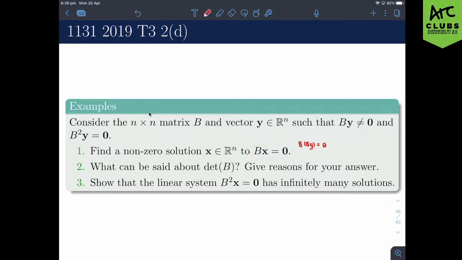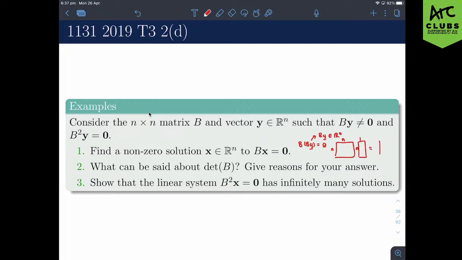And you can kind of check this: By is a column vector just by considering the sizes. We have a matrix of size n by n, and we have a column vector of size n by 1.